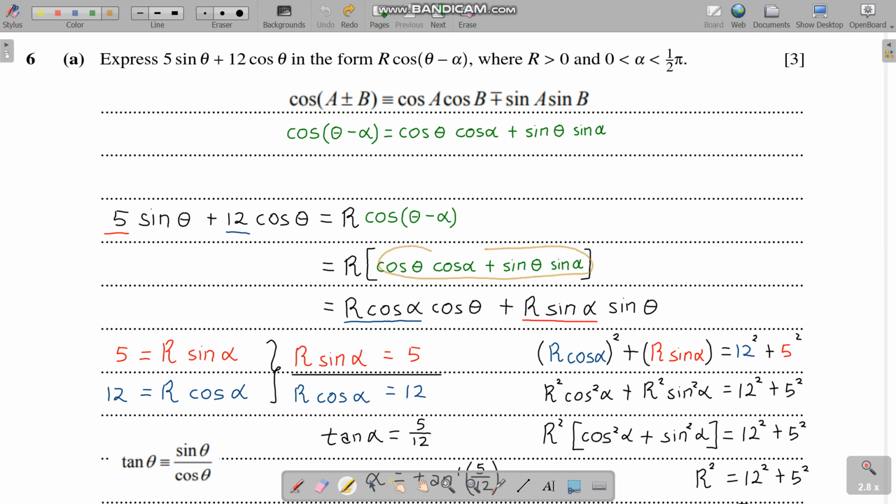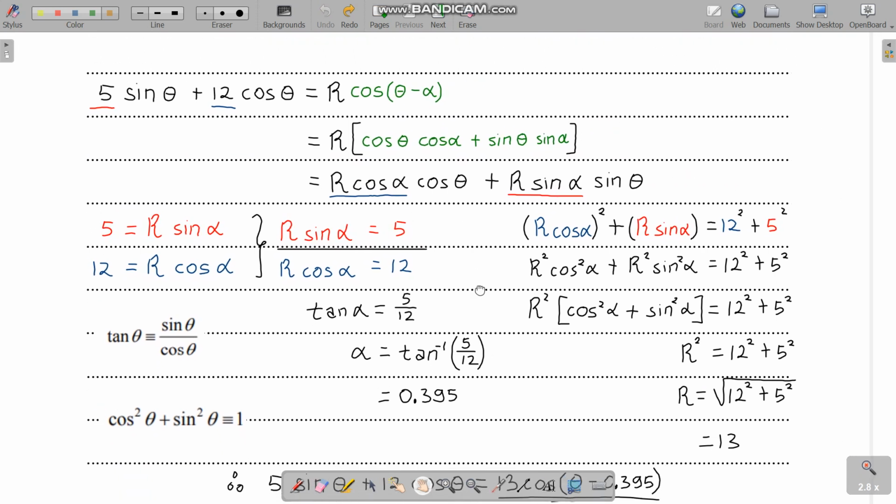we expand, we open up the square brackets, and now we compare the cos theta.